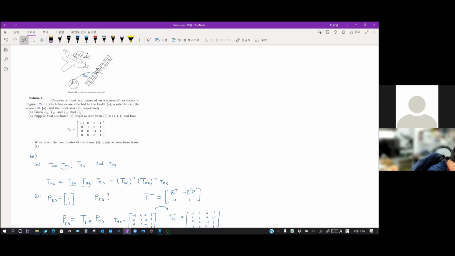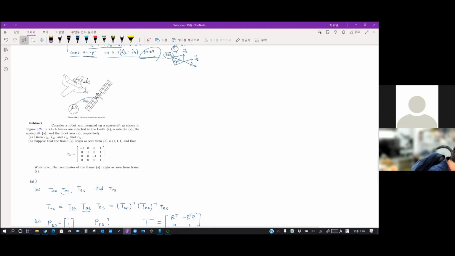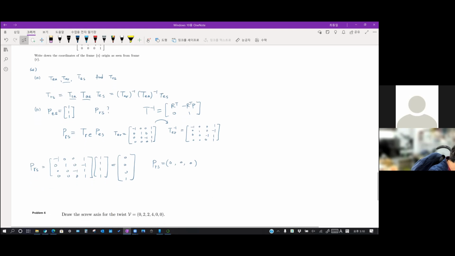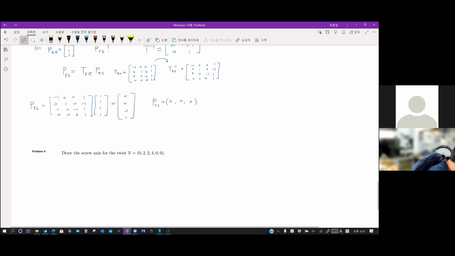In this solution, we can confirm that the position of R and S is equal. And then the final question is about the screw axis.